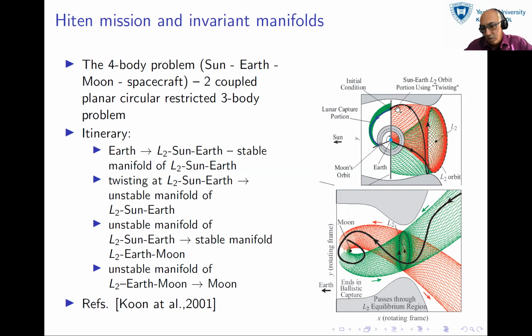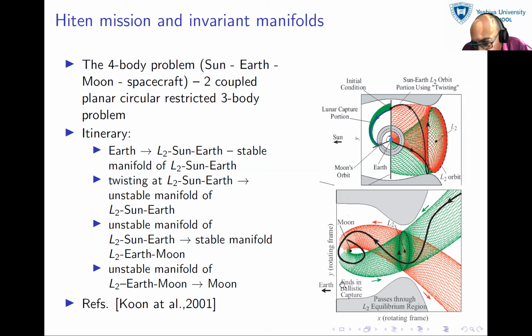And now you switch to the Earth-Moon system. So this is the Earth and the Moon is somewhere here. And this is a stable manifold for the L2 point of the Earth-Moon system. So you switch to this one, the stable manifold takes you to this Lyapunov orbit around L2 for the Earth-Moon system.